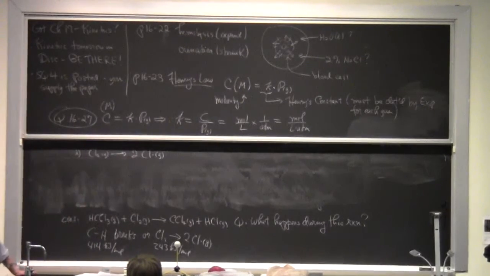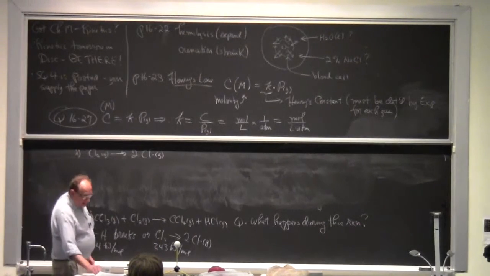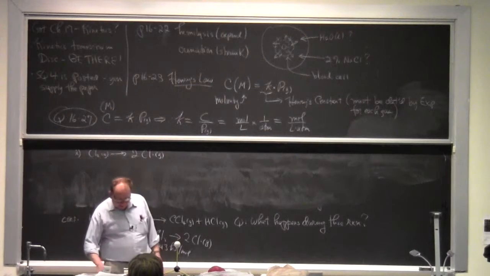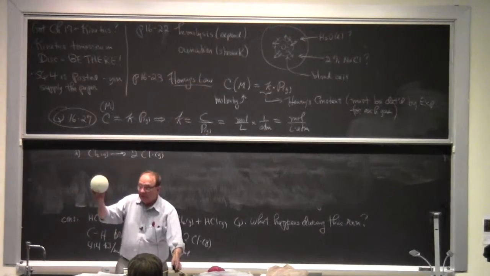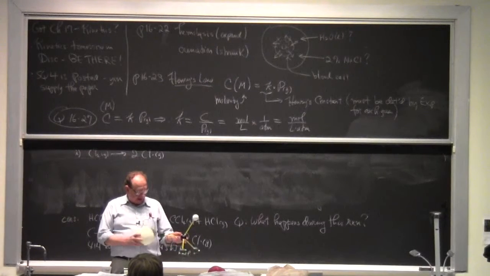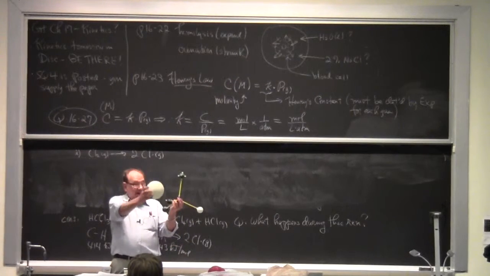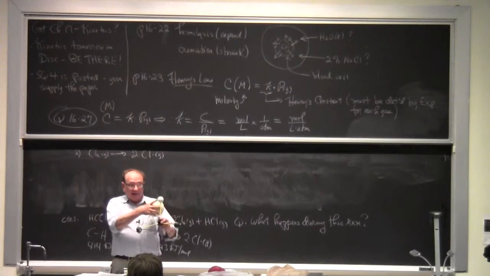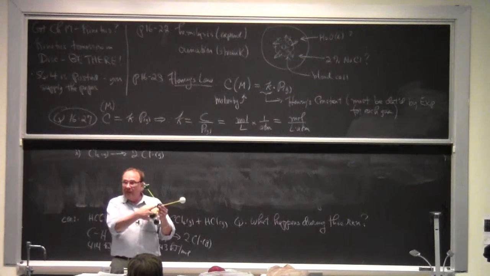And now we wish to make a decision as to what might be a possible second step to get us forward, forming these products. Well, we got this hot chlorine atom in here now. And remember what this thing looks like: big chlorine atom, big chlorine atom, big chlorine atom, little hydrogen atom, and a carbon atom right in the middle.